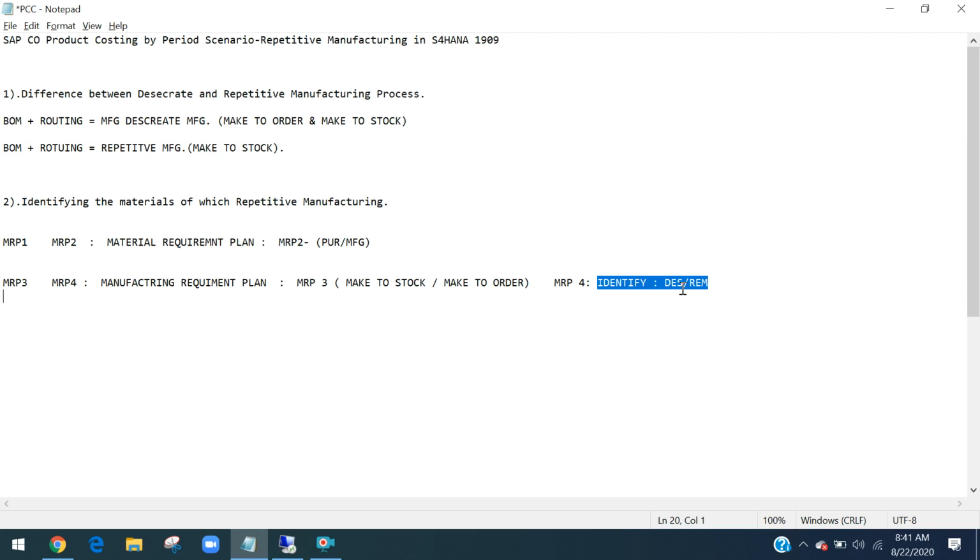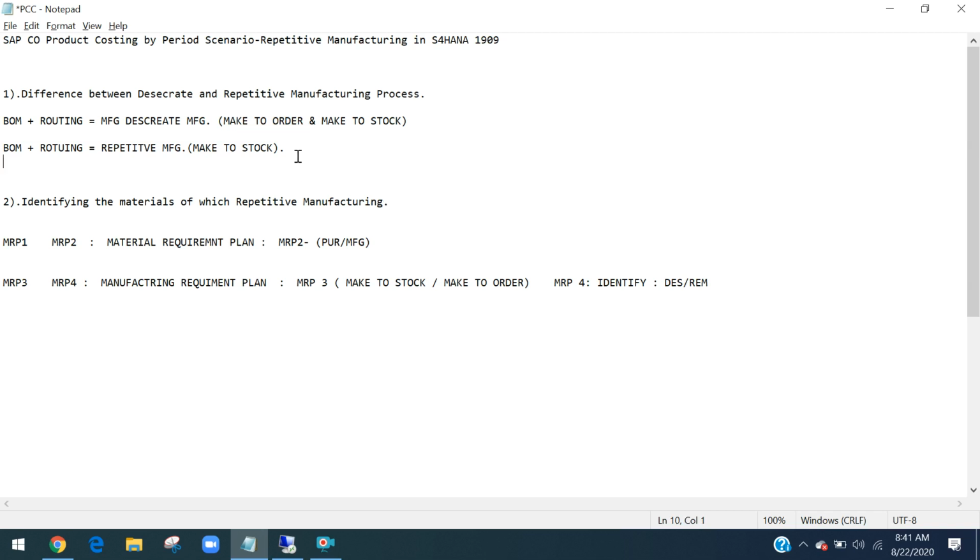First, once we create a material, whether this is repetitive, discrete, and with make to order, make to stock. As of now I identified this, as of my experience, only this. In future it may come, because of a regular customer, same customer, our regular customer, he is putting orders and based on his order we are going to manufacture.